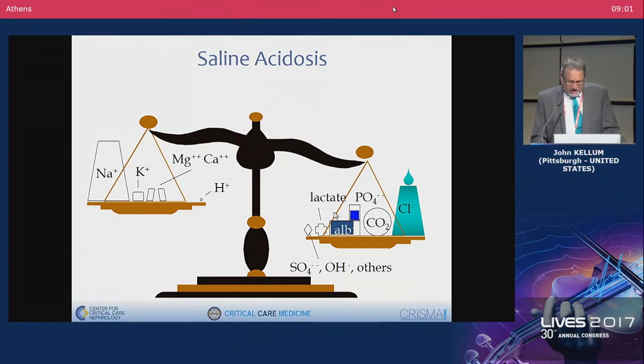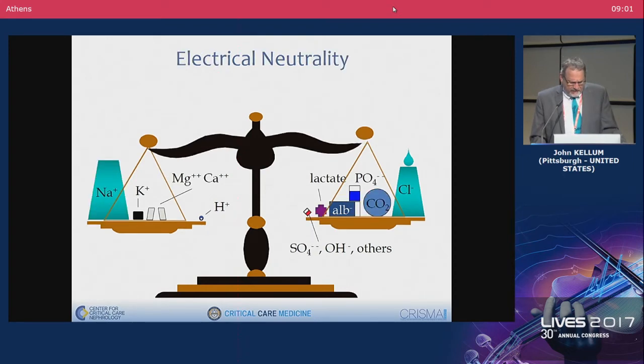What does change is the buffers, and that's why we call them buffers, because their concentration, either dissociated or associated with protons, varies because it can. That's why they're weak, as opposed to the strong ions, which remain dissociated always. There's not much that can change over here, except hydrogen ion concentration doesn't change very much, but its effect, of course, is what we measure and what we care about, and that brings us back into electrical neutrality.